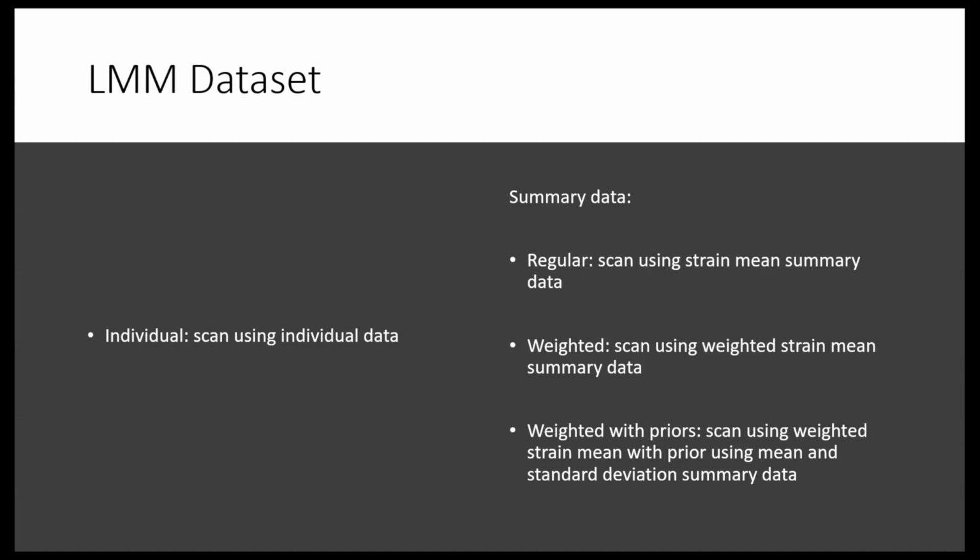Those parameters are based on the standard deviation and the number of individuals per strain. That's one of the reasons that we use this prior distribution.